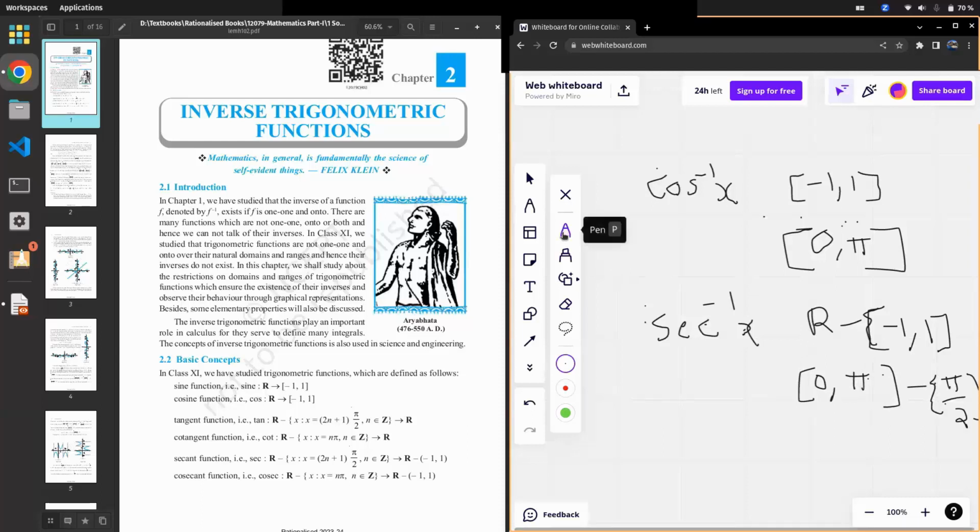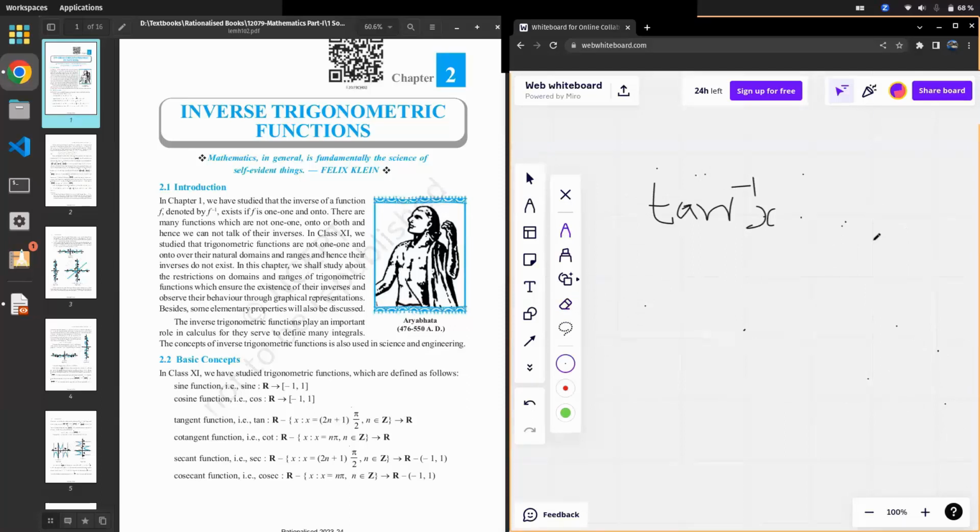And next function is tan inverse of x. The tan inverse of x has the domain R, so we can take any real value, and it has the range from -pi/2 to pi/2 excluding the values -pi/2 and pi/2. So these are open brackets.